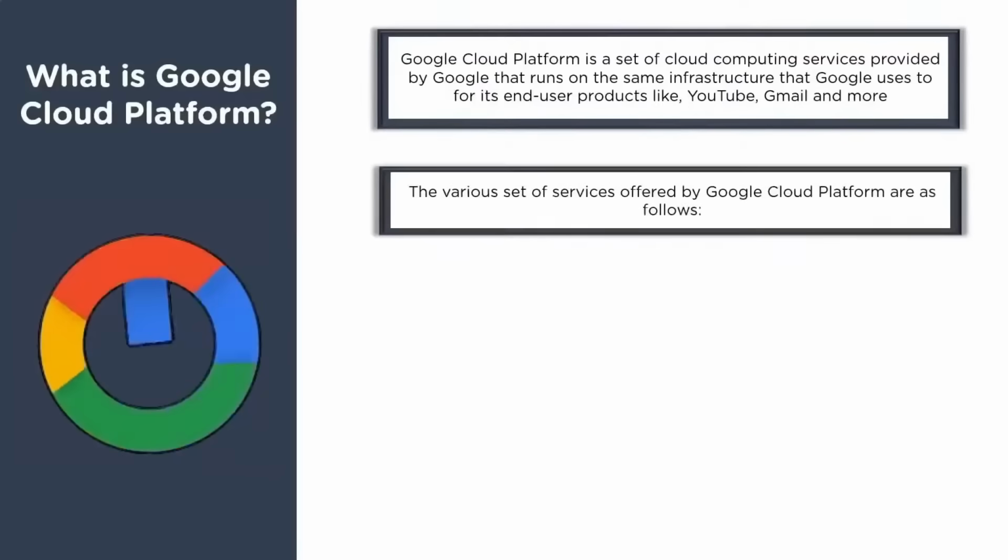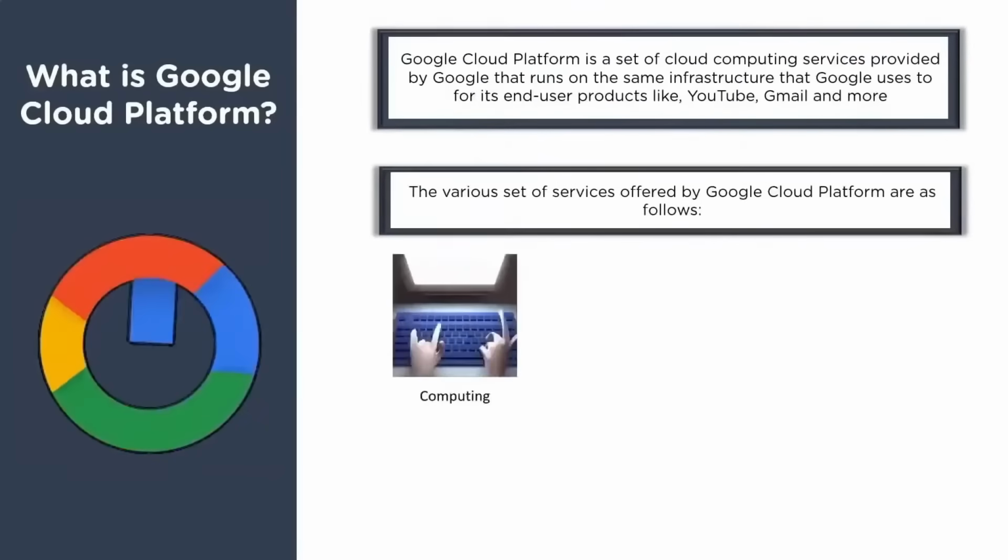The various set of services offered by Google Cloud Platform are, so you have services which are specific to computing requirements. And again, in computing, you have various different options available.